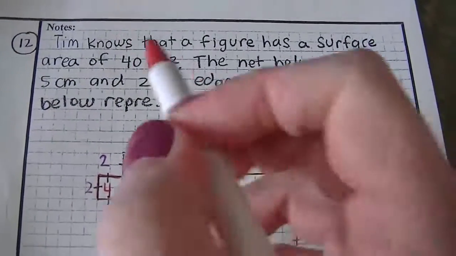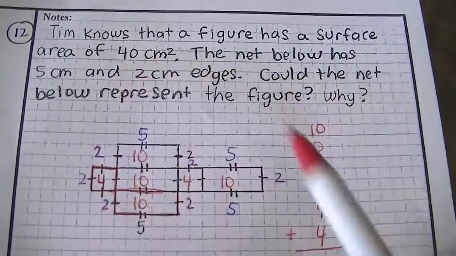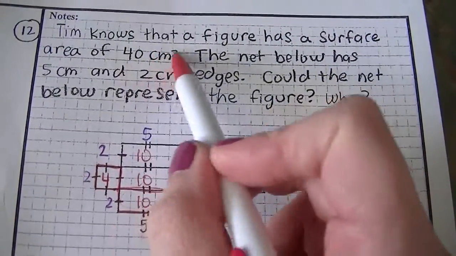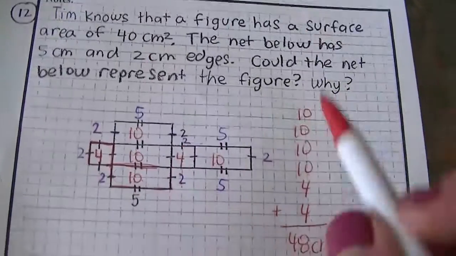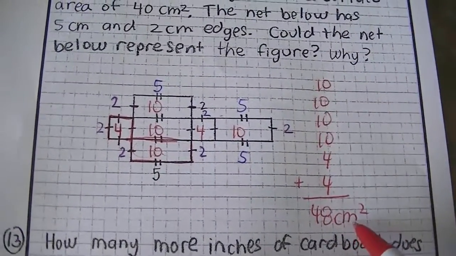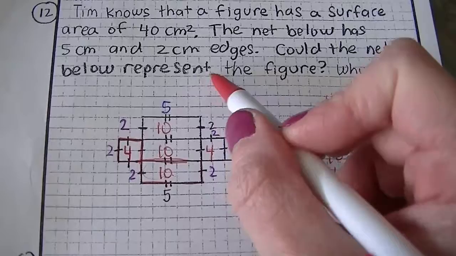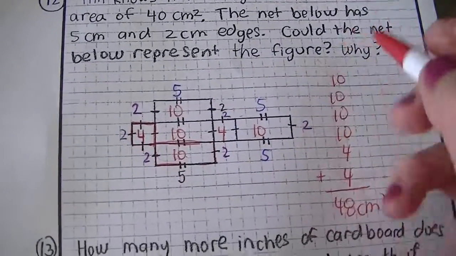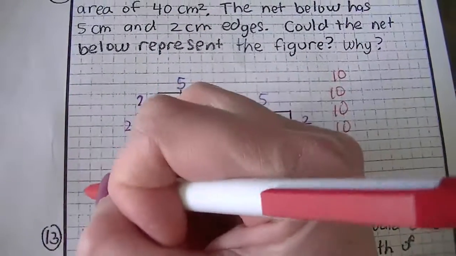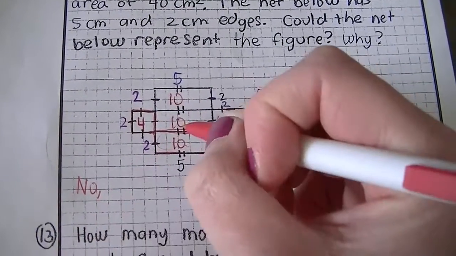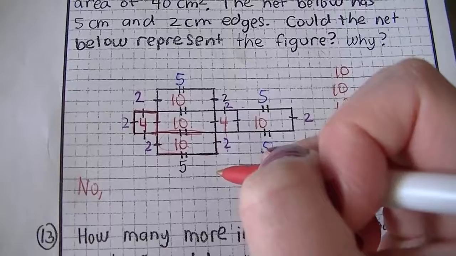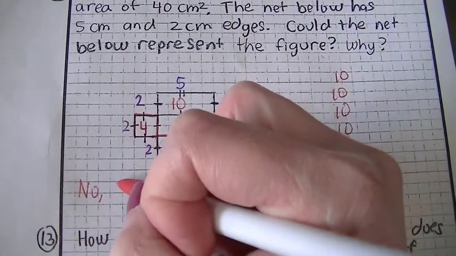Now, does this one match the one that Tim's talking about? No, because the one that Tim's thinking about is 40 centimeters squared, or 40 square centimeters. This one's only 48 centimeters squared. So we need to answer the question, could the net below represent the figure? Why? So to answer that question, we would say no. This net represents a figure that has a surface area of 48 centimeters squared.